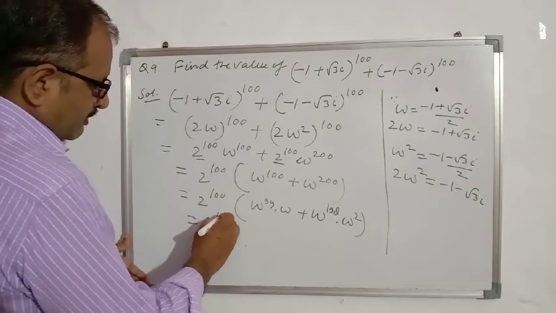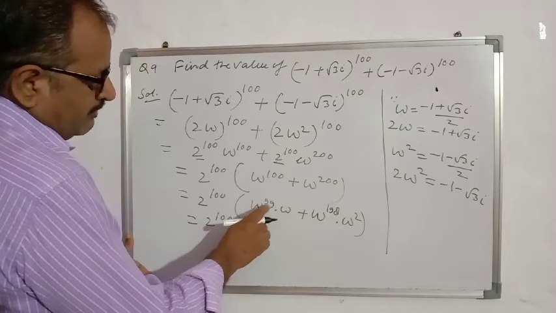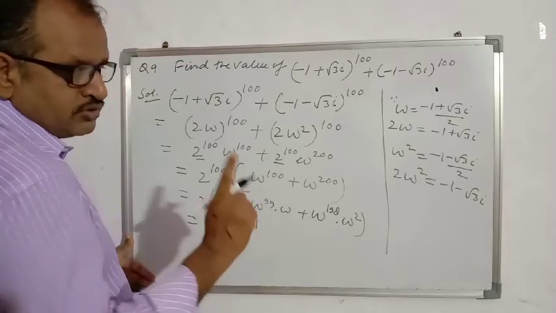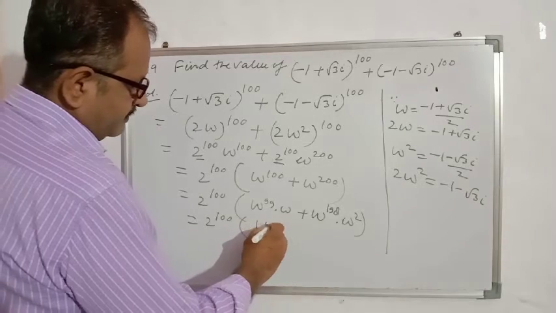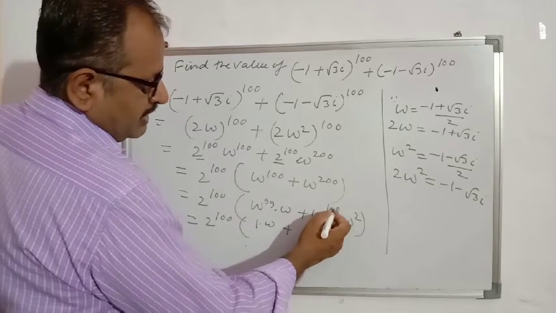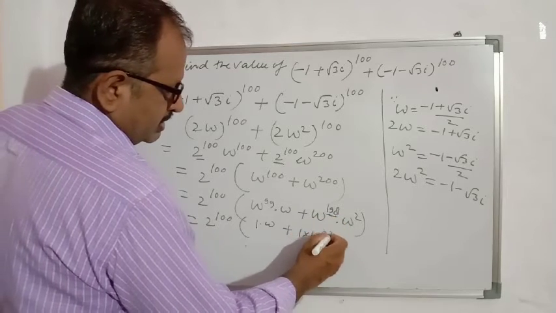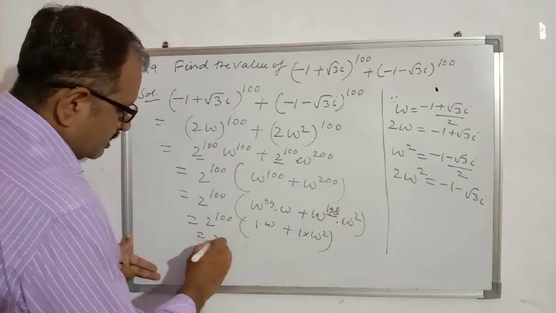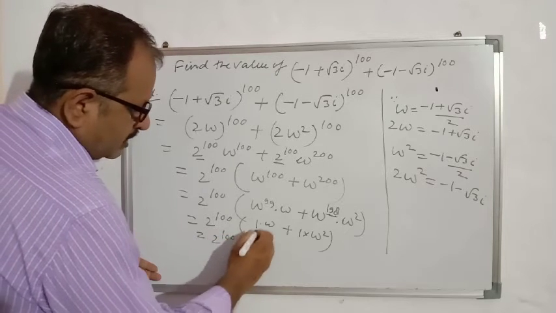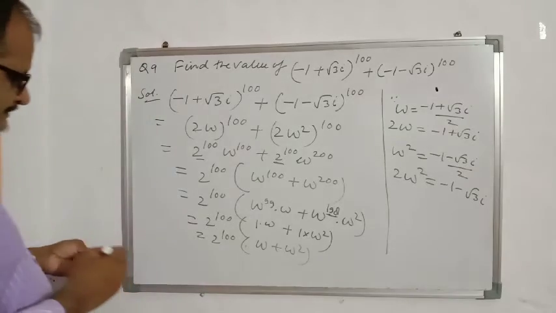So 2 to the power 100, omega to the power 99: power of omega is a multiple of 3, so its value will be 1. 198 is a multiple of 3, so value is 1. 2 to the power 100, 1 into omega, plus omega square.